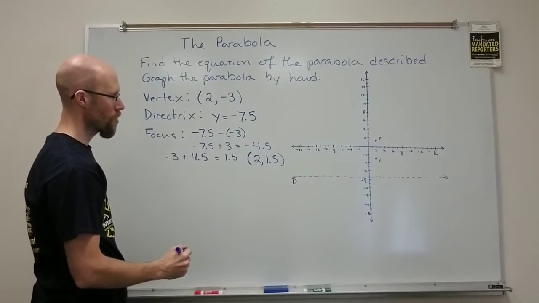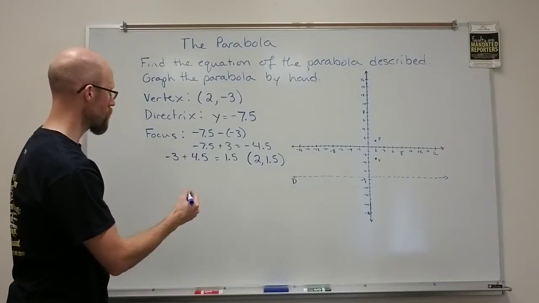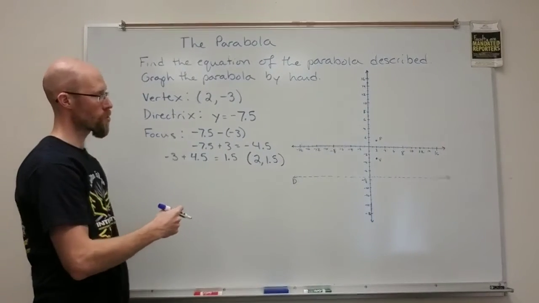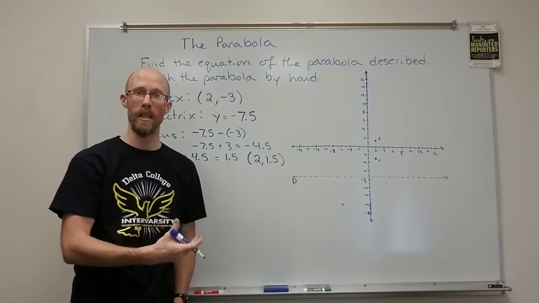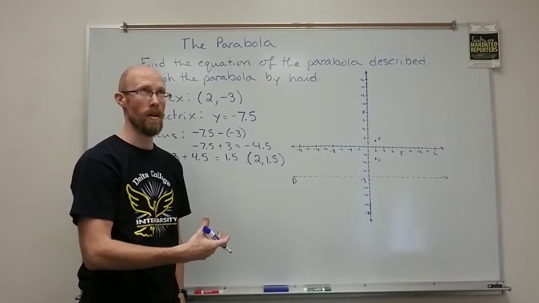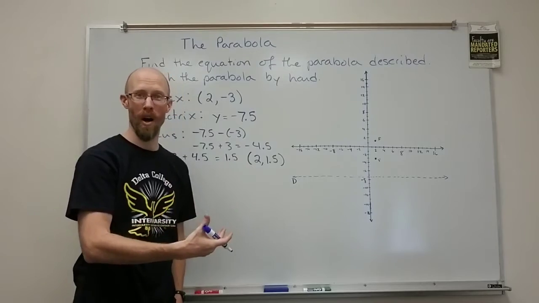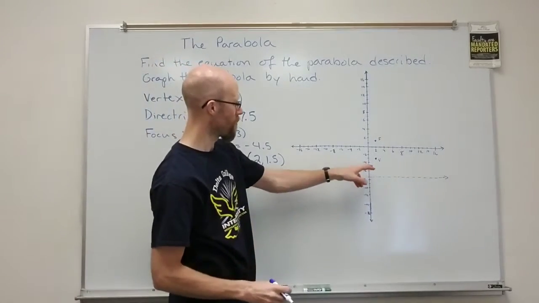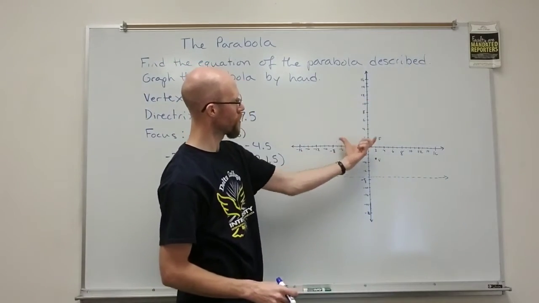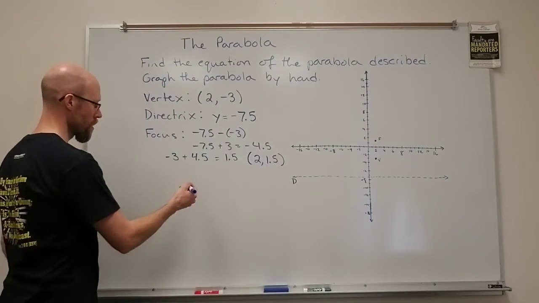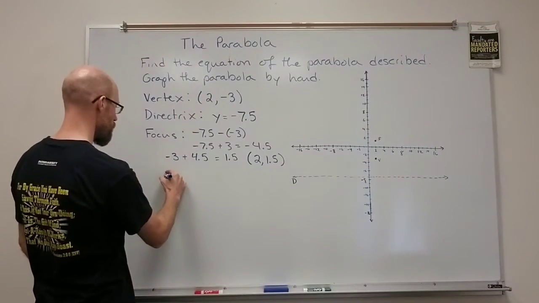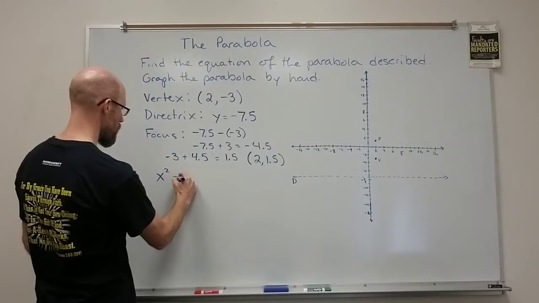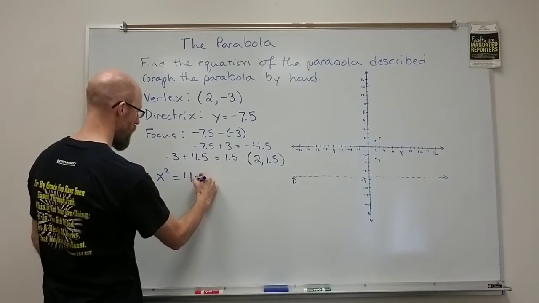And so the equation I want to use is going to have a square on the y and a linear x. Sorry, I did that wrong. A square on the x and a linear y. Oops. So you want to surround the y-axis. That's going to be your linear. So it's going to be x squared equals 4ay.